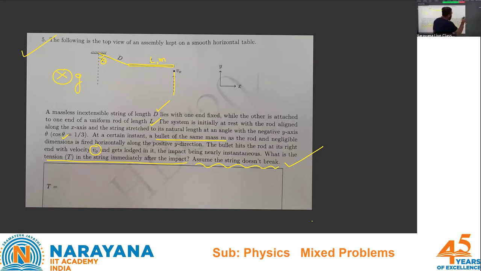Let's say at the instant when the impact between the ball and the rod happens, just after that impact, the center of mass of the system is somewhere here at a distance of L by 4, and this distance is 3L by 4 from the end.